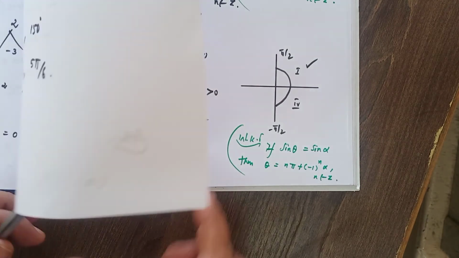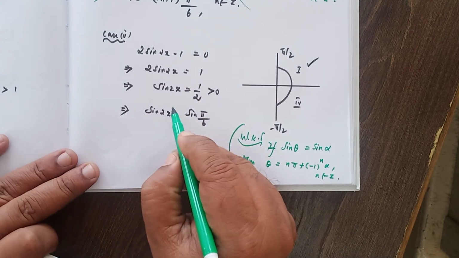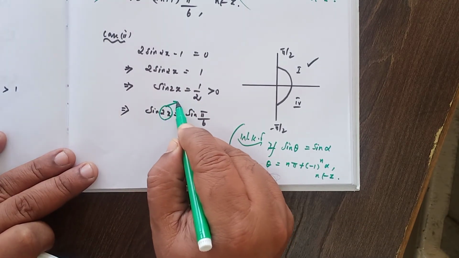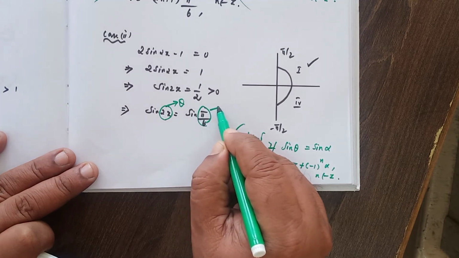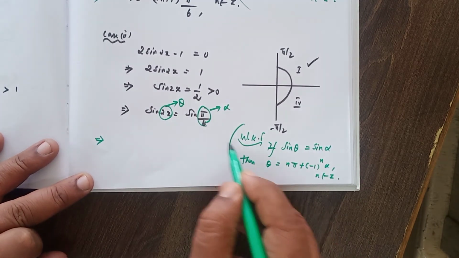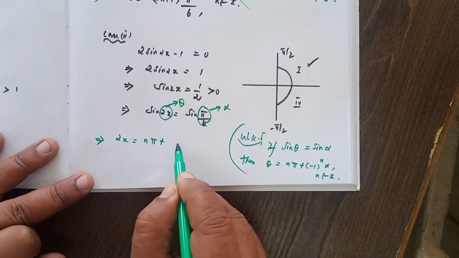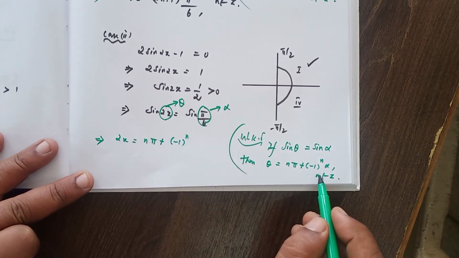Instead of theta we have 2x. This is theta, this one is alpha. So which implies 2x is equal to n pi plus (minus 1) power n into alpha.